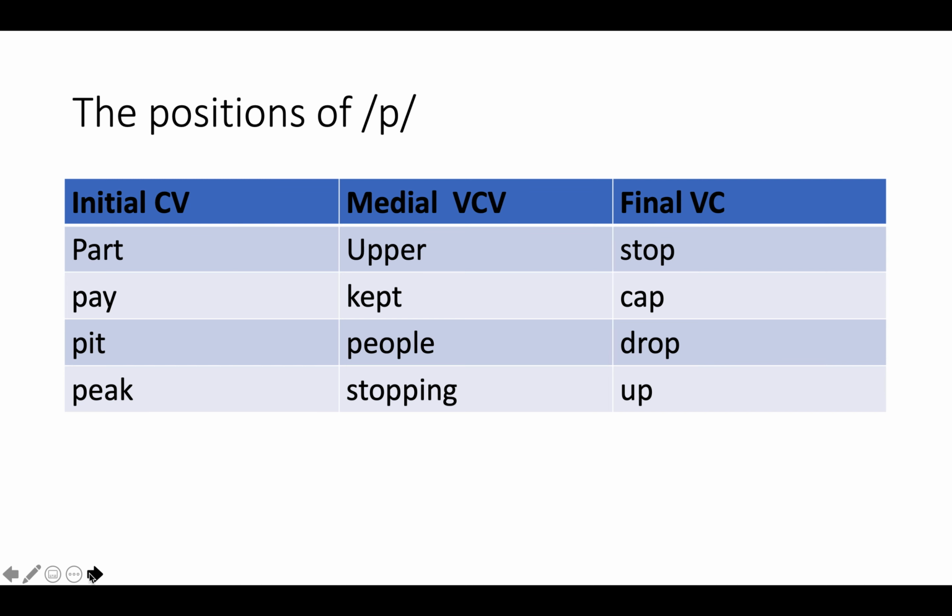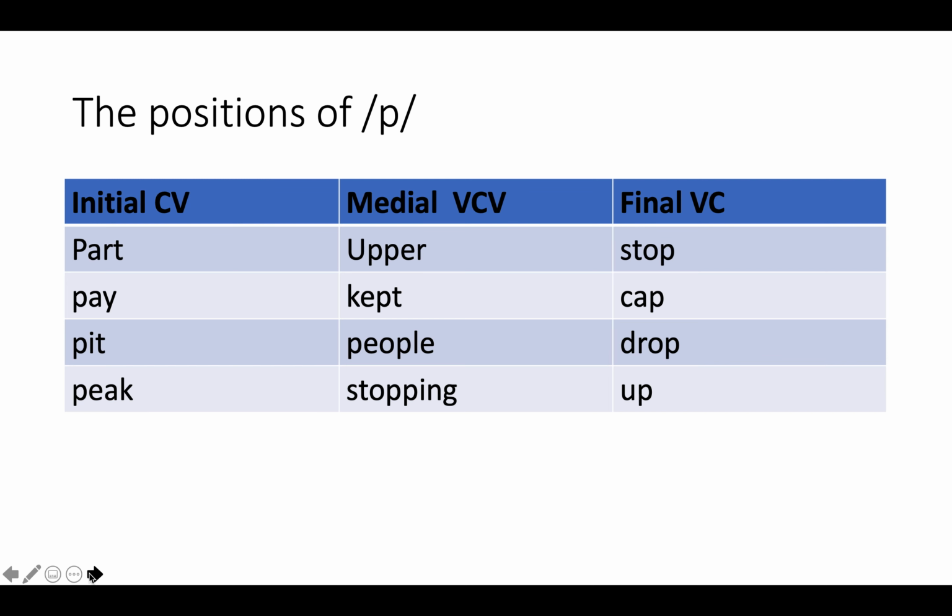Here are some examples of the phoneme p when it occurs in initial position, in medial position, and in final position. In initial position, for example, we have the word part. So p is the consonant and a is the vowel. That's why we call this CV.